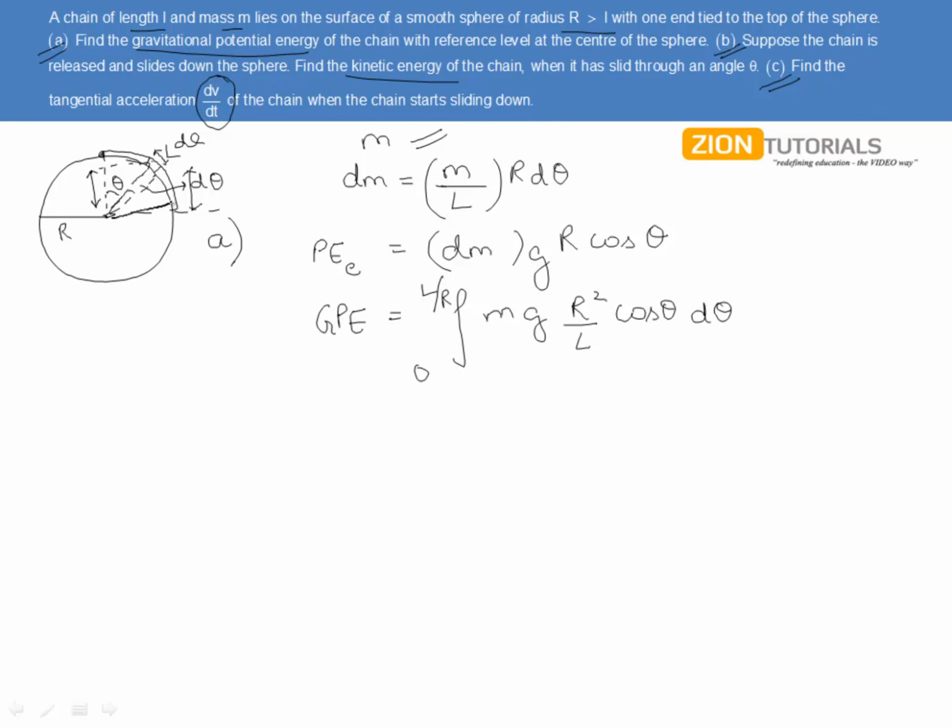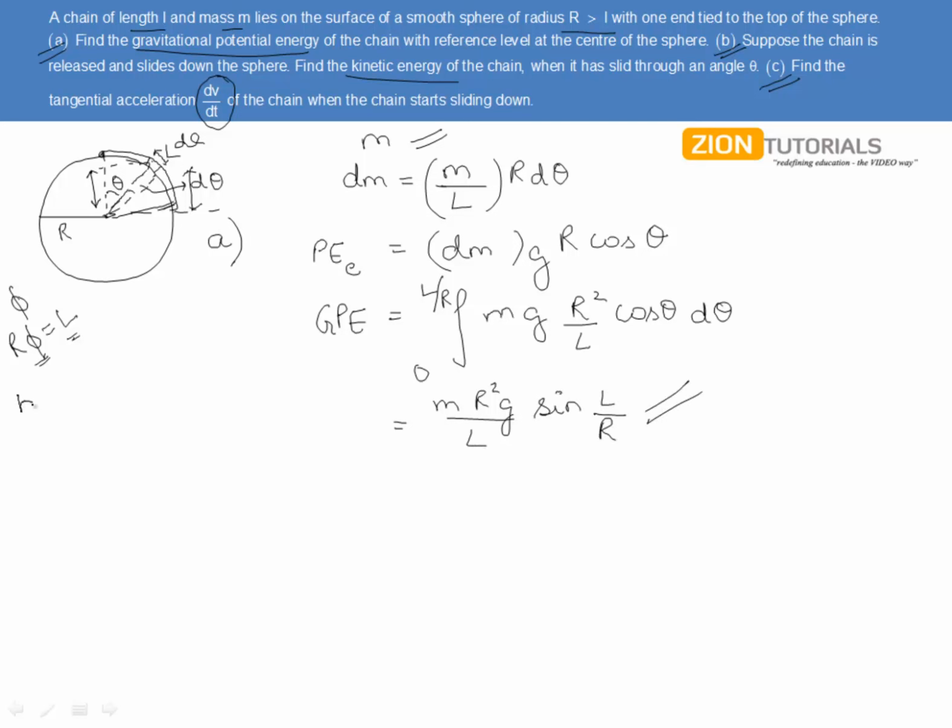Let this total length subtend an angle phi. So what will the angle phi be? Because if the total angle is phi, then we will have r phi equal to capital L, so phi equal to L by r, right? So that will be the limit, giving us the total gravitational potential energy to be m r square g by L sine L by r.